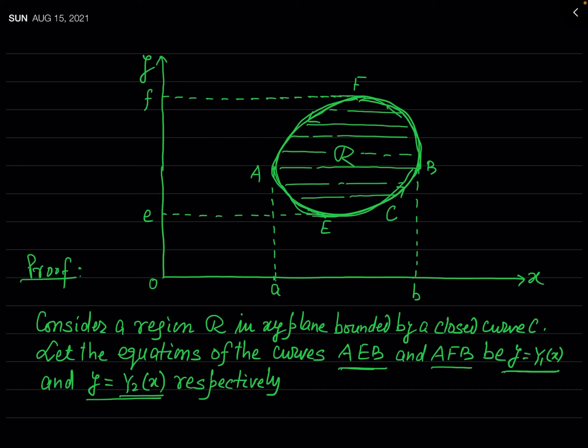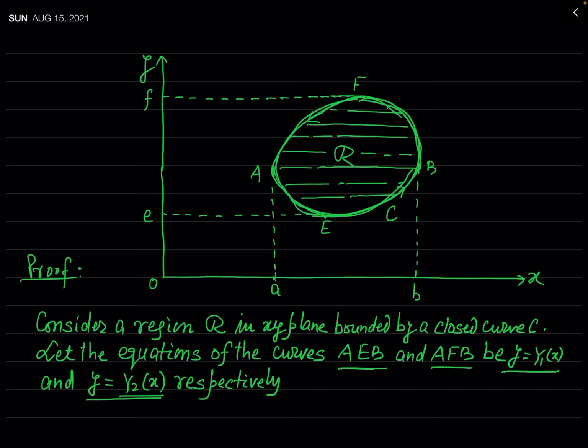So the equation of this part of the curve EAF can be written as x as a function of y. And similarly, when you move from E to F via B, again the y coordinate will change from E to F, but x will change continuously.